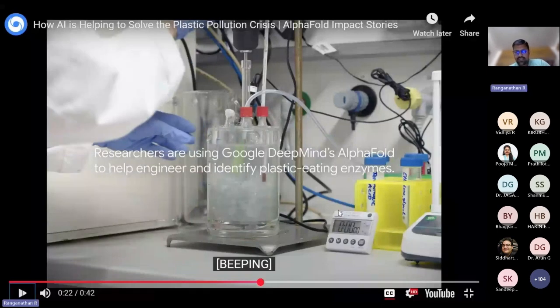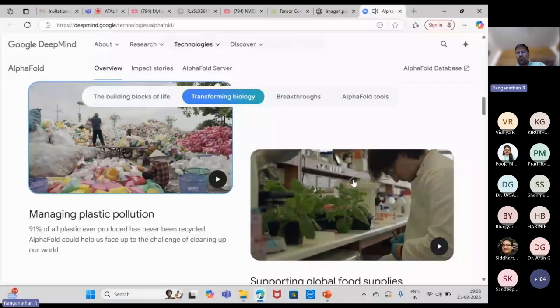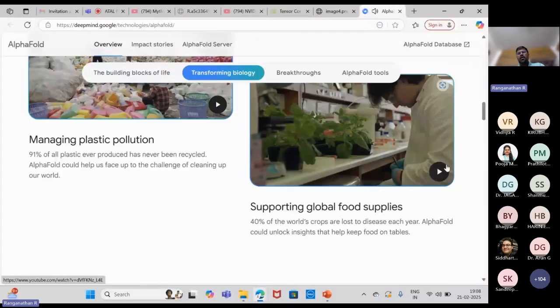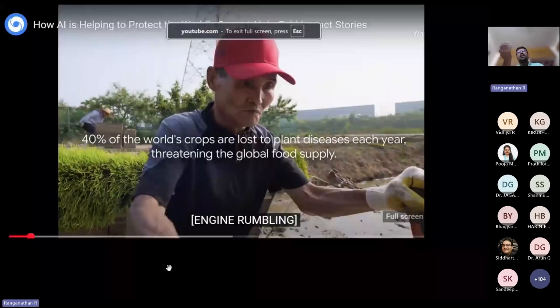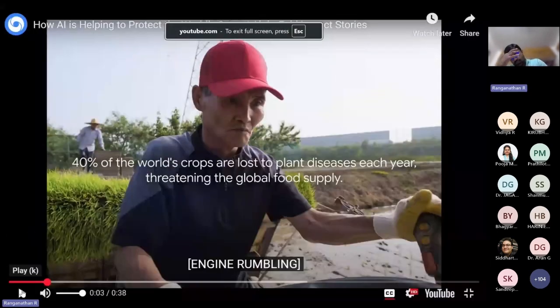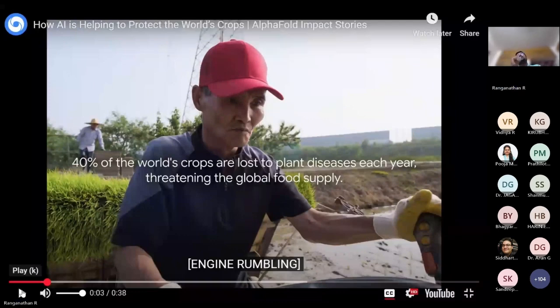And the other one, I think, is for global food supplies, right? 40% of crops are lost due to diseases, right? So how can they develop disease resistant bacteria that ensure you don't have to use a lot of pesticides and everything, right? So that's another interesting use case they are working on.